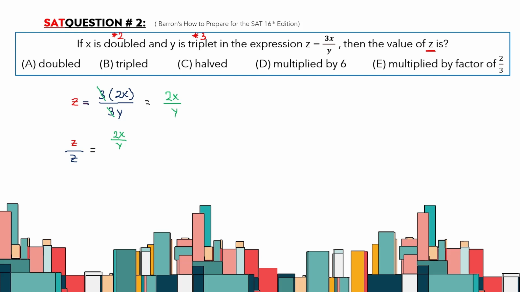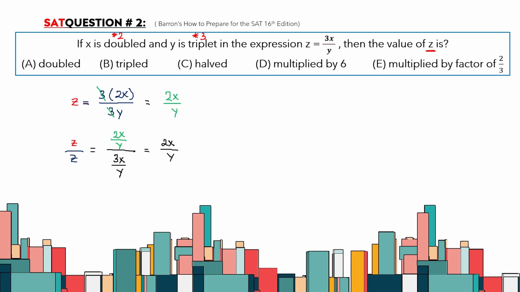Then we divide by the original z, which is 3x over y. We continue to express this one as 2x over y.